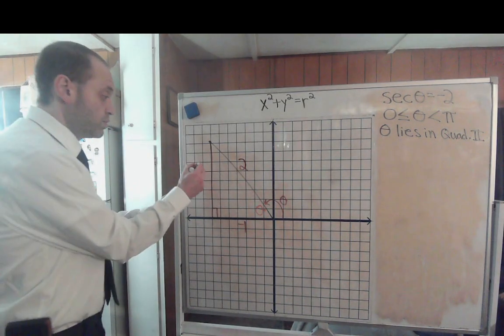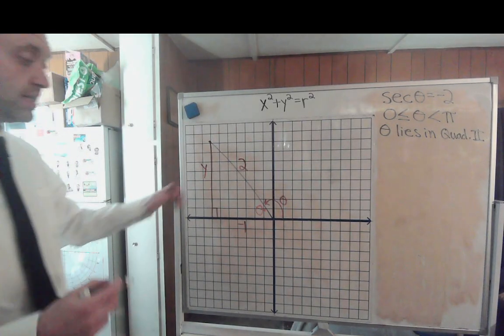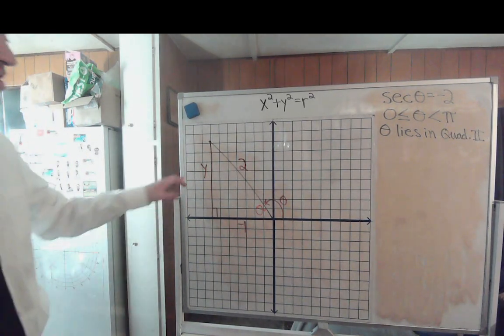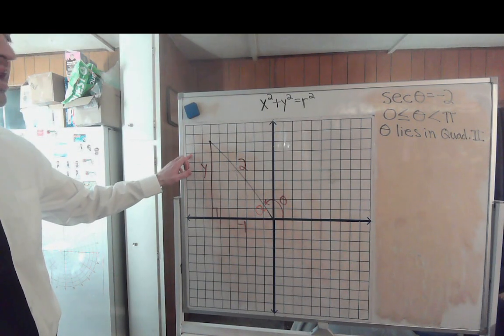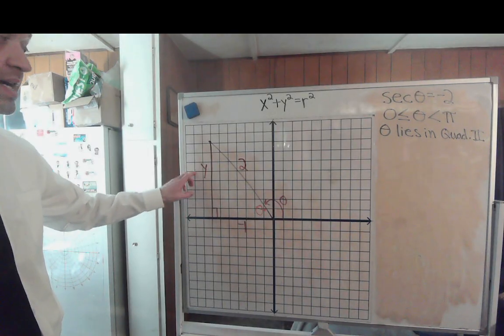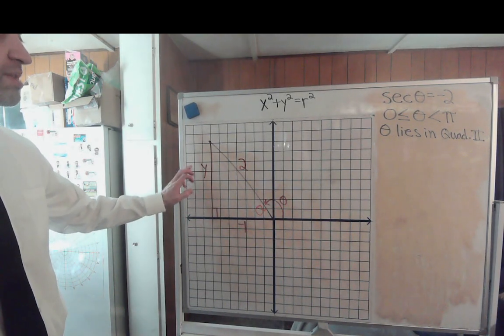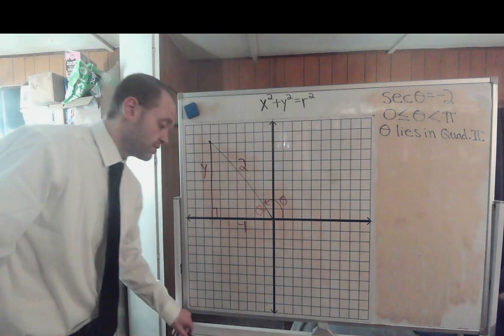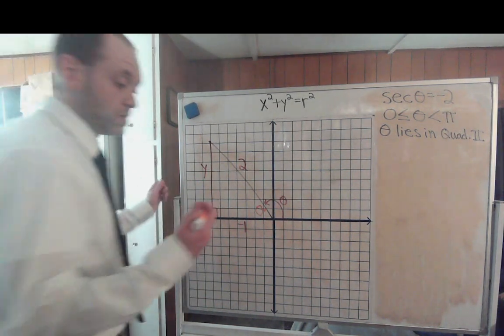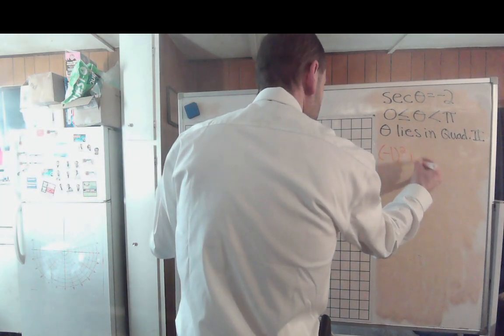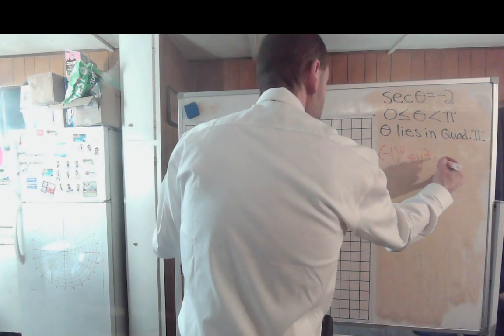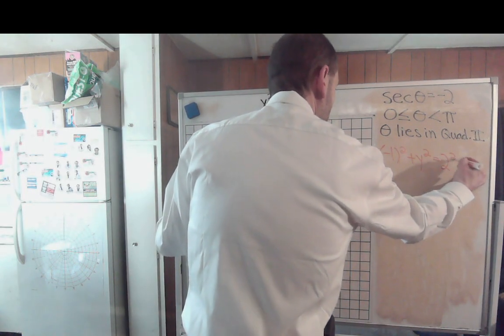What we don't know is y. We don't know the y length. So we can solve for that with this formula, and since it's in the second quadrant, our y value should actually be positive. So we'll take the positive square root when we go to solve for y. So we can take -1 squared plus y squared, set that equal to 2 squared.